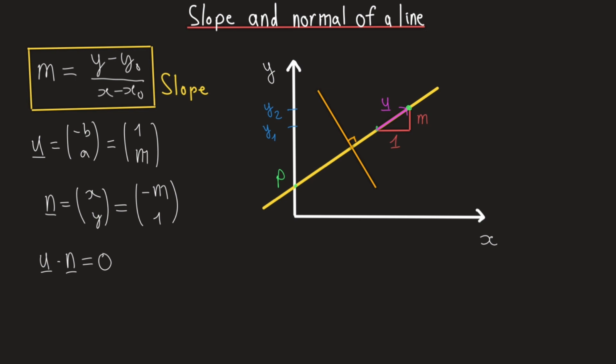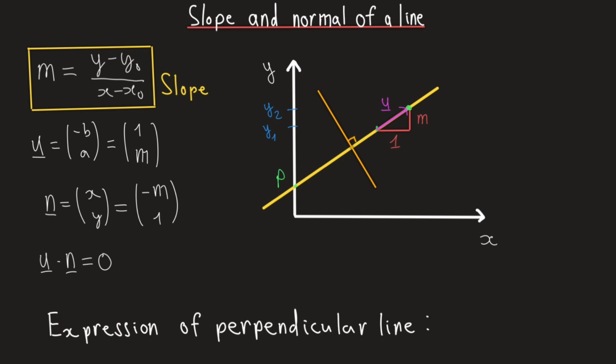Now that we know the coordinates of our normal vector, we can determine the slope. The way we go about it is first we write the Cartesian equation of our line, knowing that our normal vector n is actually the direction vector of our line that is perpendicular to our initial line. Since n is the direction vector of our new line, we can write it as minus b, a in coordinate form.